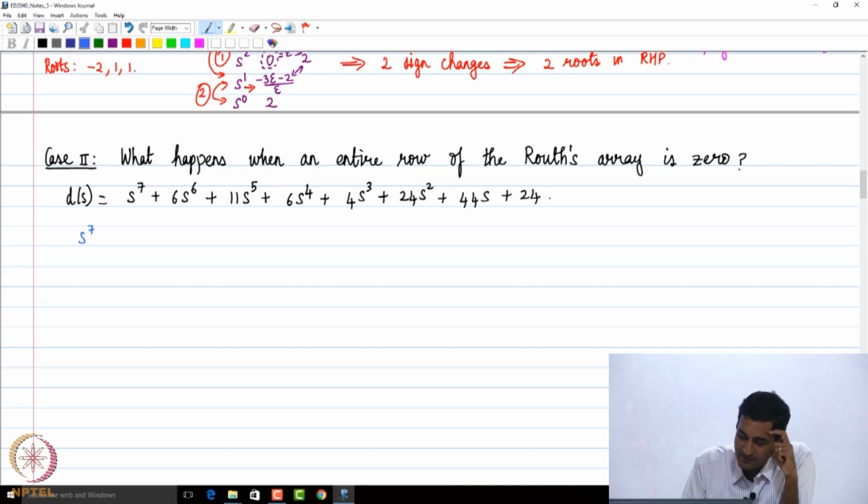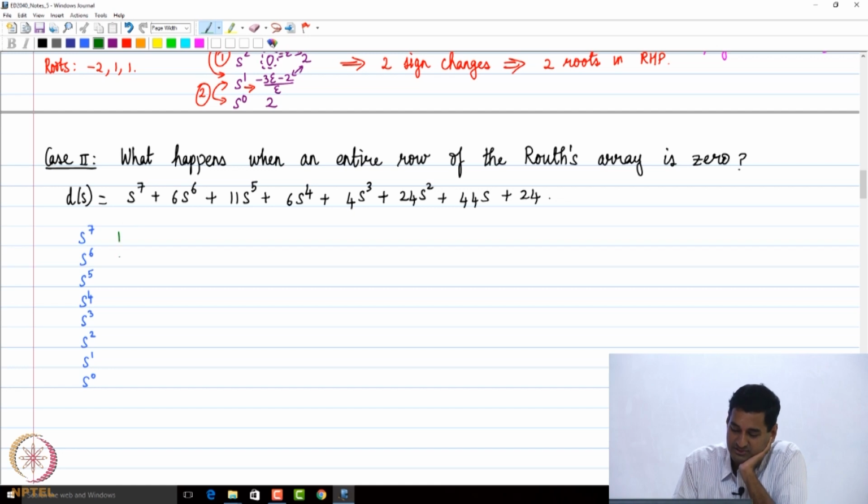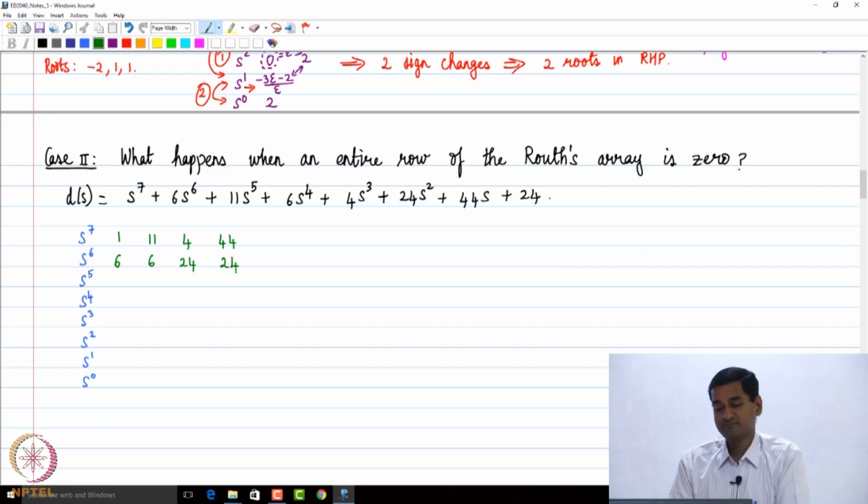Let us write down the powers of s, and you help me in constructing the Routh's array. We fill in the entries in the first 2 rows: 1, 6, 11, 6, 4, 24, 44 and 24. Now, can you help me with the numbers starting from the s power 5 row?